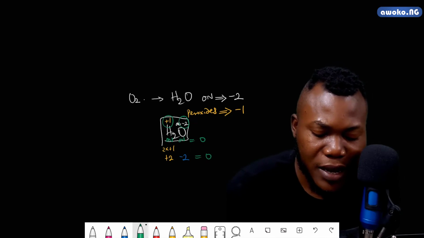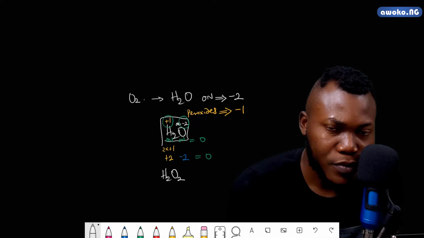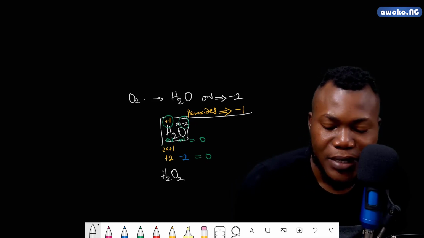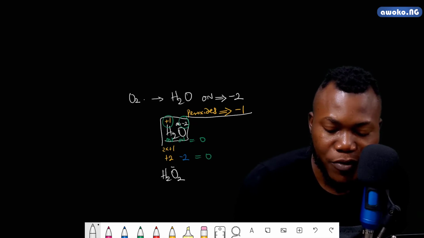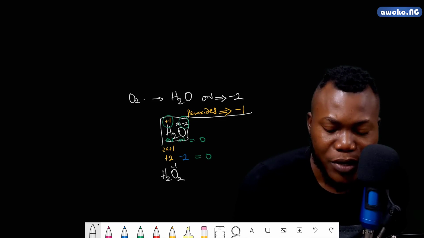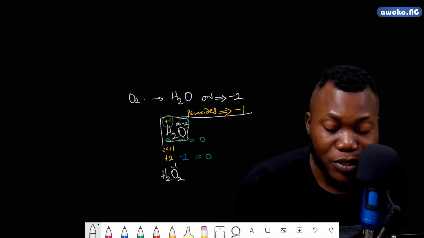If we consider hydrogen peroxide, for example, H2O2, you will see that following the rule for peroxides, oxygen is going to have an oxidation number of -1. Oxygen is a non-metal, so hydrogen, standing with non-metals, always occupies an oxidation number of +1.